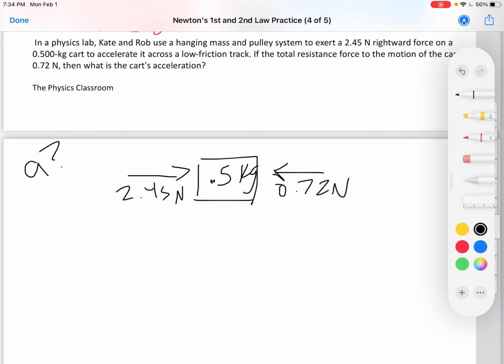So we're looking for acceleration. This one's way less steps than all the other problems. So you just need to find your net force.